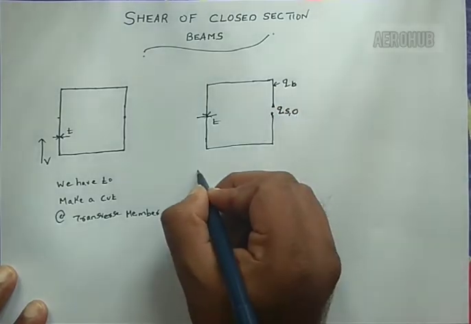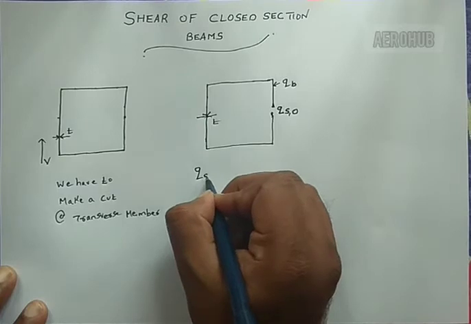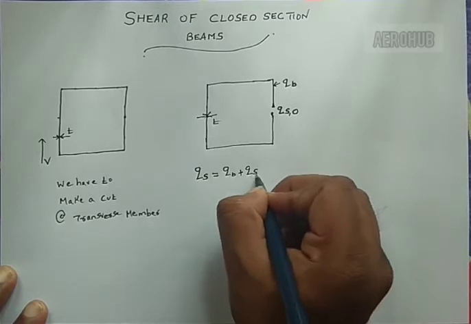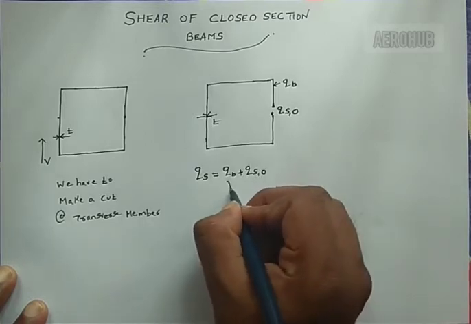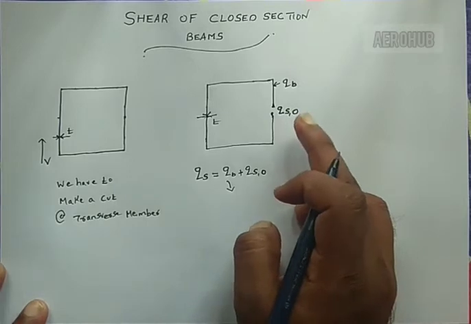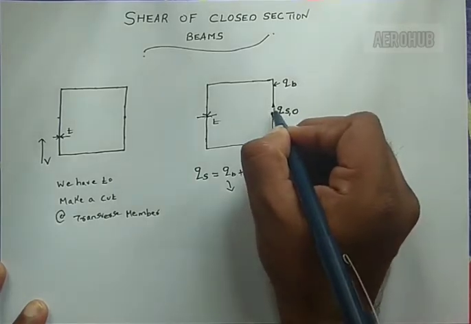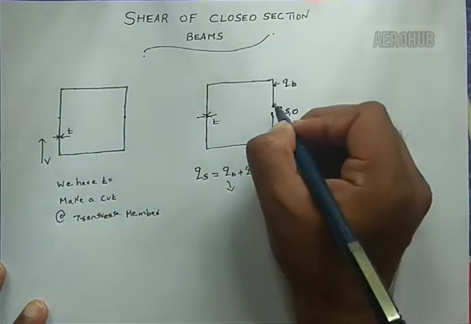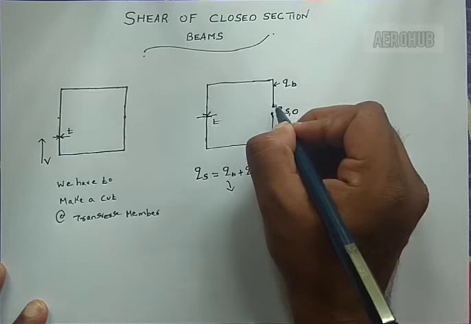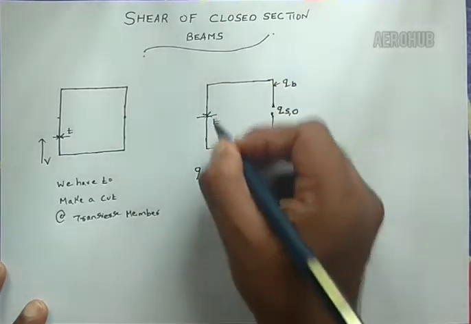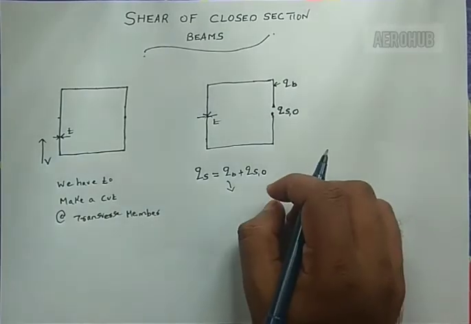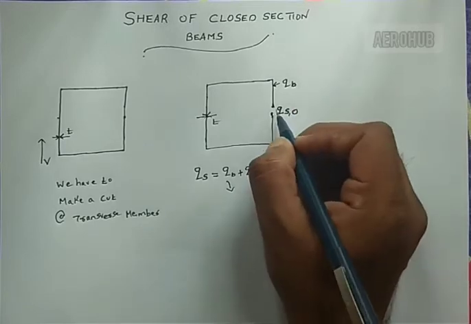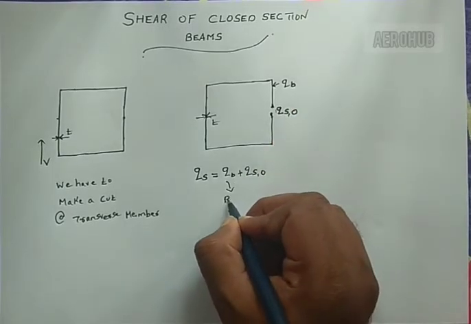So the total shear flow Qs will be equal to Qb plus Qs0, where Qb is the shear flow of the open section. We made a cut here and this closed section is converted to an open section, and we will find the shear flow distribution of the open section similar to the last lectures. Then we will find the shear flow at this cut position, and this Qb is called the basic shear flow.